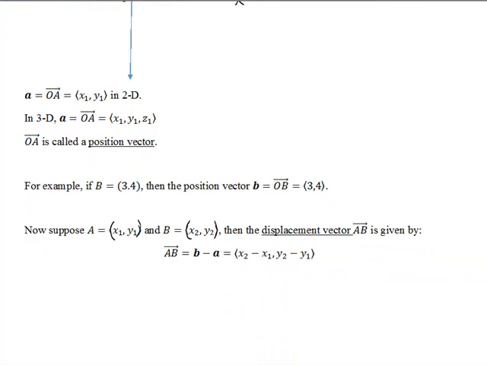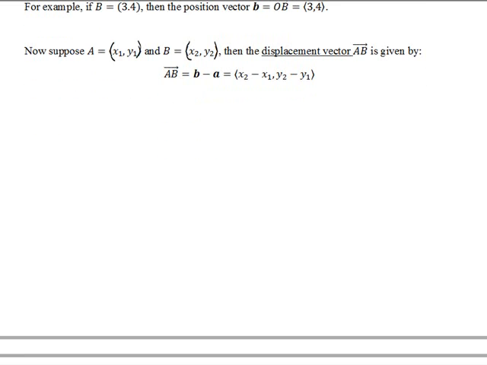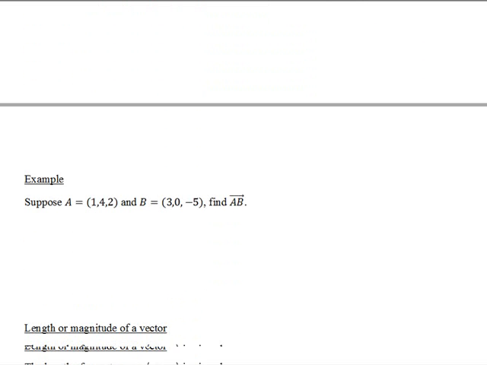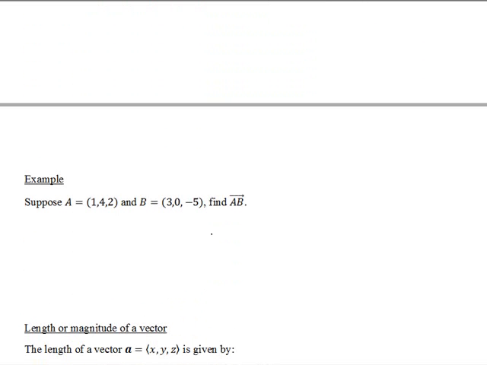Let's do some examples. Suppose A is the point 1, 4, 2 and B is the point 3, 0, negative 5. Find the vector AB.